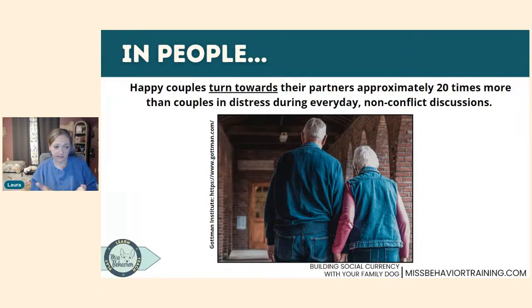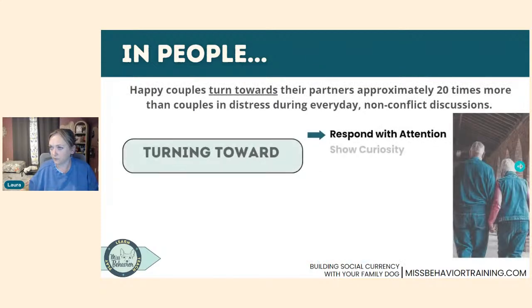I think it was 80% of the time for successful couples, the bids for connection were responded to by turning towards. And for unsuccessful couples, I think it was somewhere around 30 to 35% of the time. So that's a huge gap. That's a really big deal, right? So anyways, that's just an important piece of information for you to have.